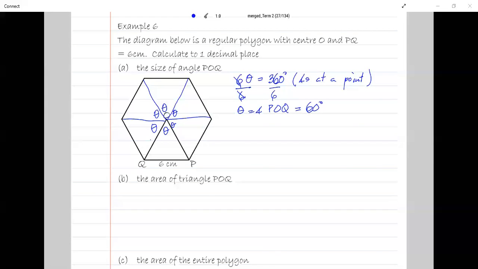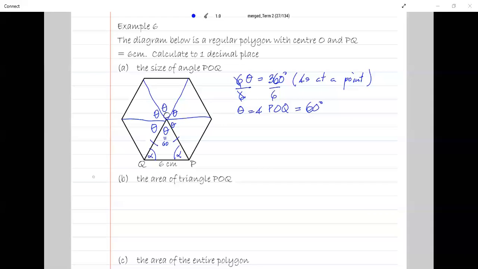Now, if you all remember that all of these were isosceles triangles, it means that if this is 60, these two here and here must add up to 120. Do you agree? Help me now? Yes, sir. Because it's an isosceles triangle, and the base angles of an isosceles triangle are equal.